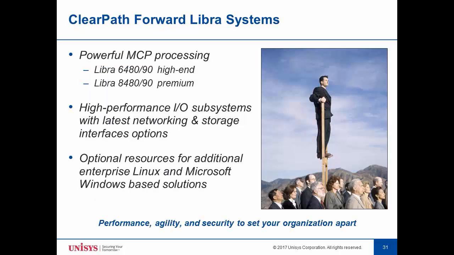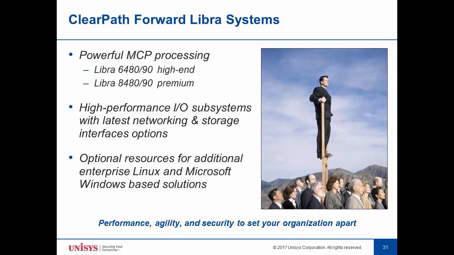So that pretty much summarizes what I wanted to talk about for the new ClearPath Forward Libra systems. Again, we're implementing the new powerful MCP processing, the Libra 6400, very robust and highly reliable high-end performance, and the Libra 8400, which once again sets the standard for the peak of MCP application processing.